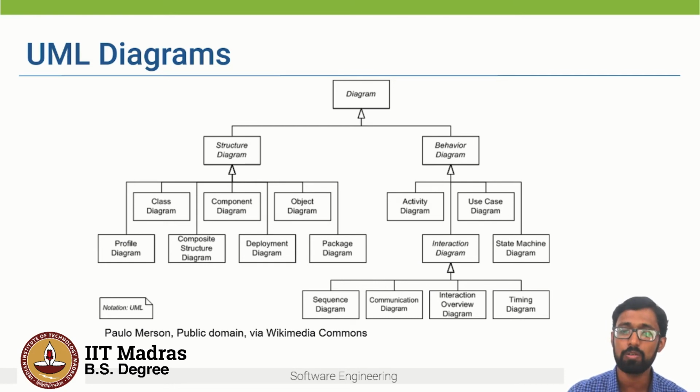So in this course, we will be focusing mainly on the class and the sequence diagram, as they are the most commonly used diagrams in the design process. And details of various other UML diagrams can be found in the extra resources provided this week.